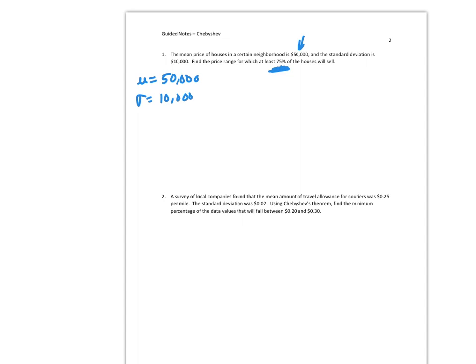Well, 75% using Chebyshev corresponds to 2 standard deviations. Remember, 1 minus 1 over k squared, 1 minus 1/4 is 0.75.